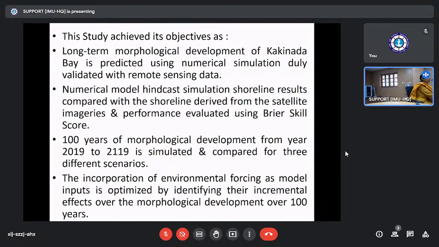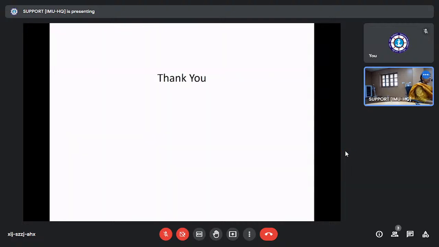Then 100 years of morphological development from year 2019 to 2119 is simulated and compared for all three scenarios: tides alone, tides and waves combined, and tides and waves with MSL rise, and the incorporation of environmental forces, tides, waves, and sea level rise is optimized as we have seen the incremental changes with all the three scenarios over 100 years.